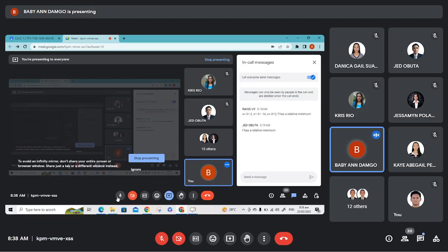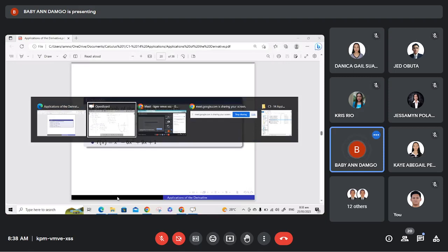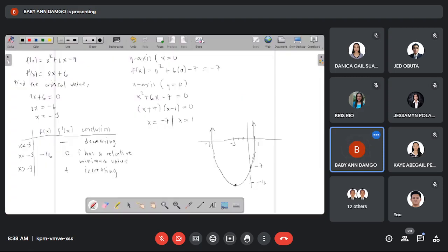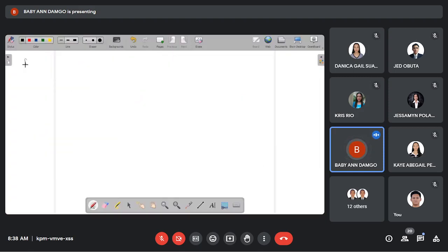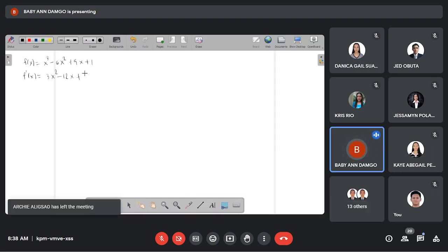Okay, so let's check. So we have here x cubed minus 6x squared. So f of x is equal to x cubed minus 6x squared plus 9x plus 1. Okay, so find the first derivative. So we have 3x squared minus 12x plus 9.